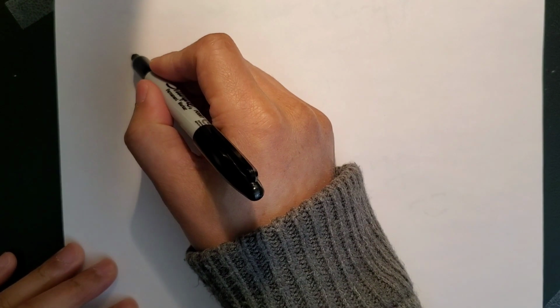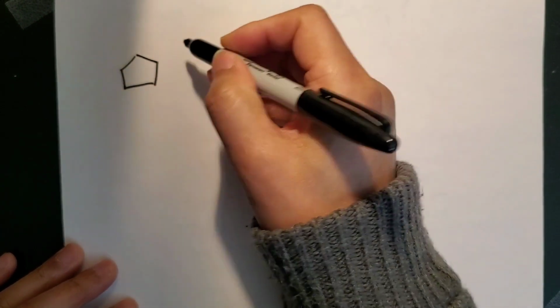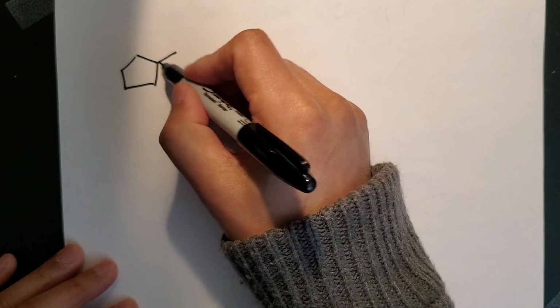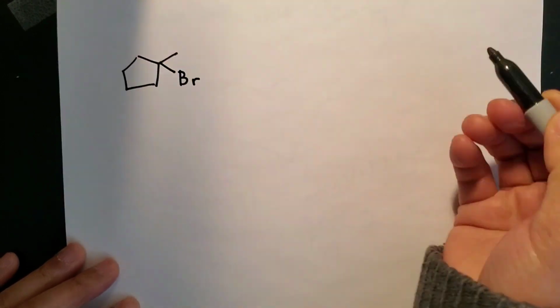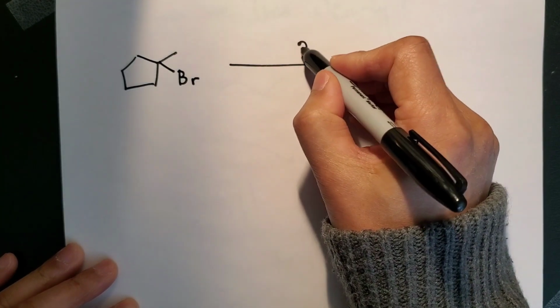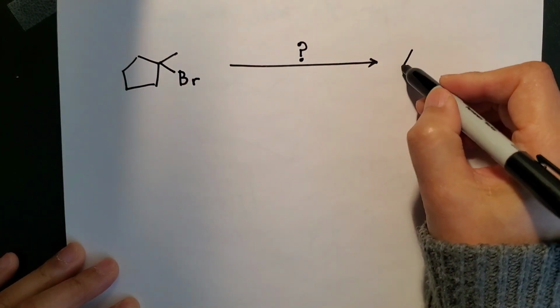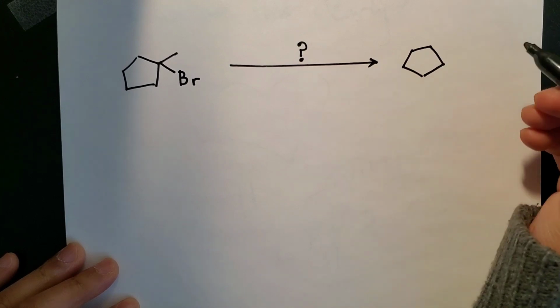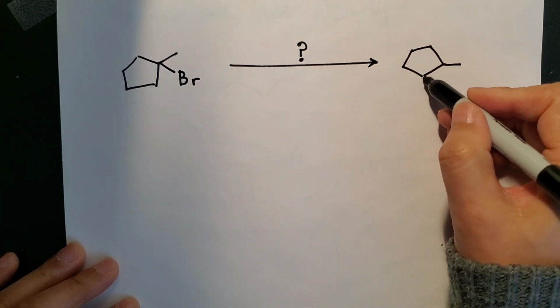Okay, before we end this video, let's have one practice question. This is the second type of a question I've been mentioning. You have one of the reactants and product.